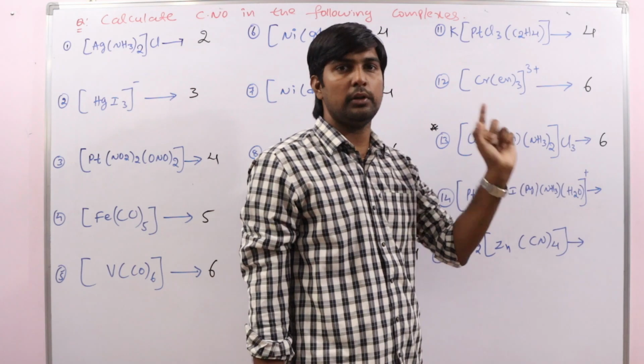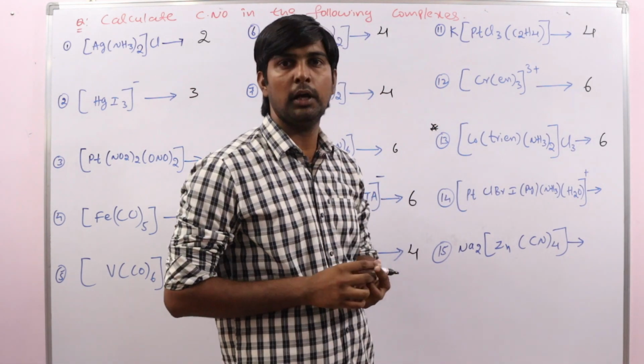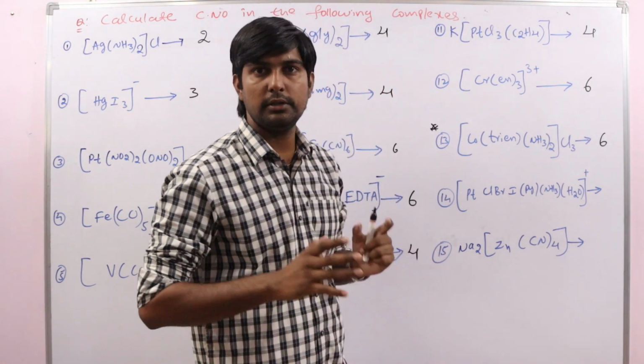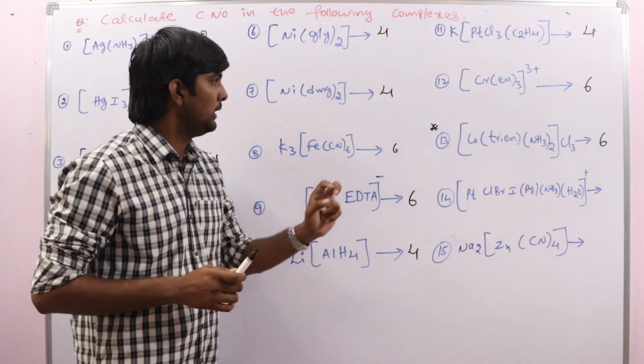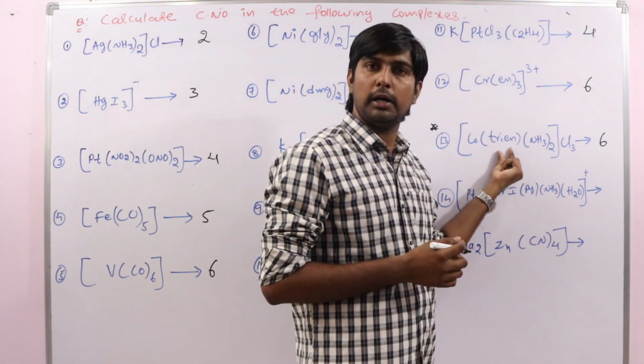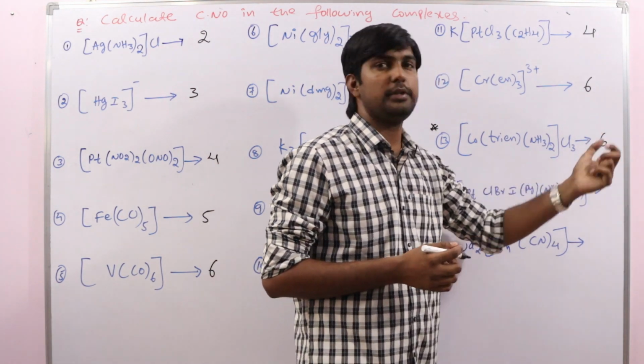So you must know the ligand denticity, very very important. Every time I am specifying: if you are perfect with the ligands, then coordination chemistry is the simplest chapter in chemistry. So triene is tetradentate, 4 bonds, plus 2 monodentate ligands, 4 plus 2, 6.